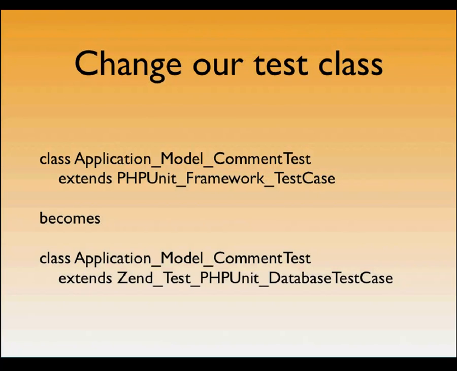The first element is your table, and the keys are the field names, and the values are the actual data that you're going to run upon. So with this, you actually have a database comment table with two elements.